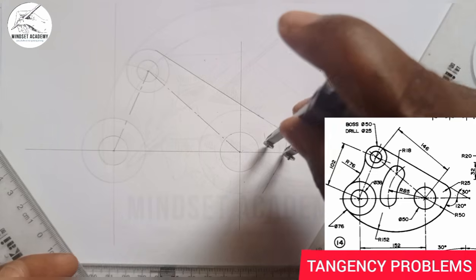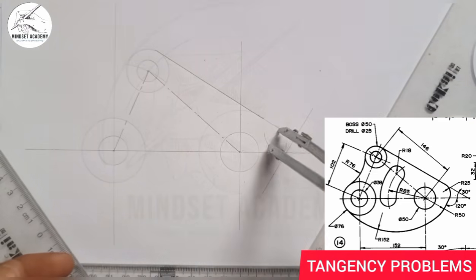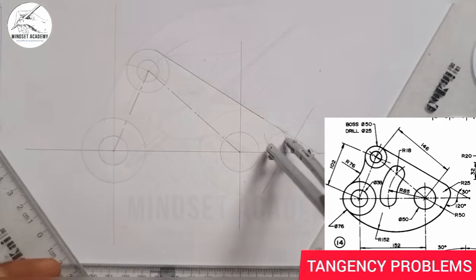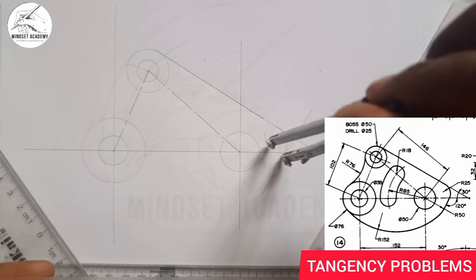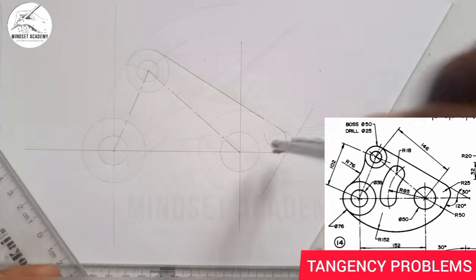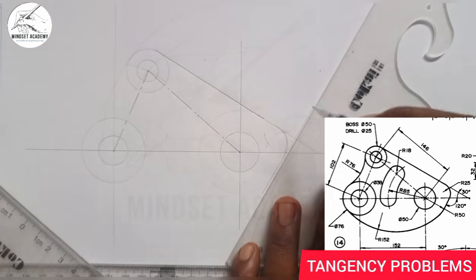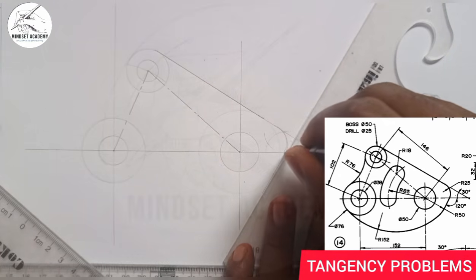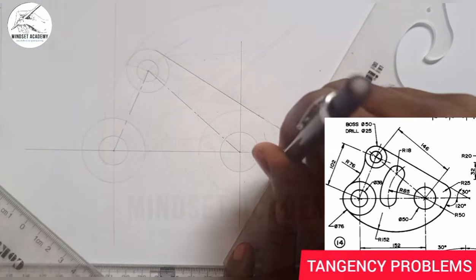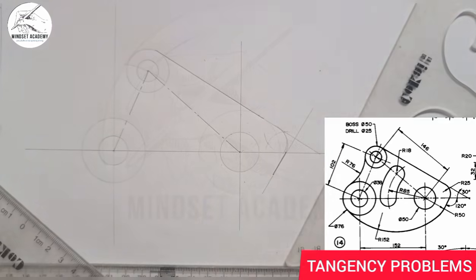So just draw a line that will be tangential from this point to this. I'll stop here, right? Then the other one. So this is what we have here.